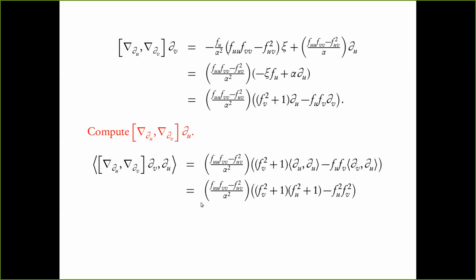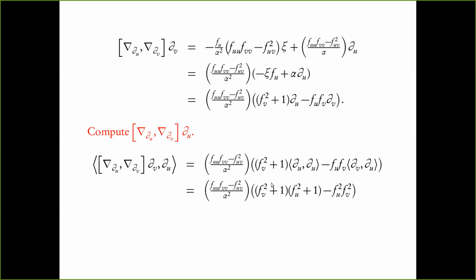What do we get? Well, remember del u dotted with del u is 1 squared plus f subscript u squared, because del u was (1, 0, f_u). Similarly, del u dotted with del v will give you f_u f_v. So it contributes f_u squared and f_v squared. Now what is this quantity?